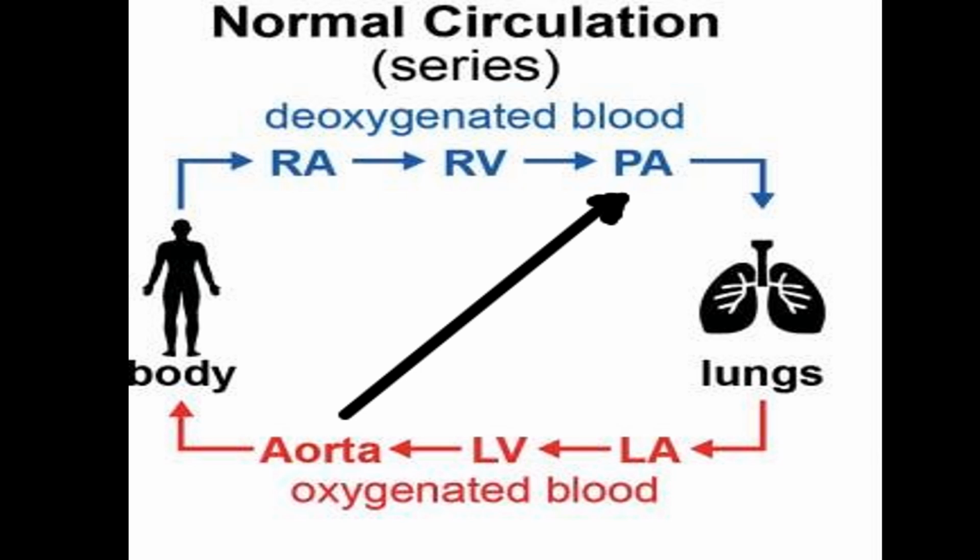It will also cause more load on the heart to do more work to compensate for this decrease in the blood flow to the systemic circulation to maintain the perfusion.